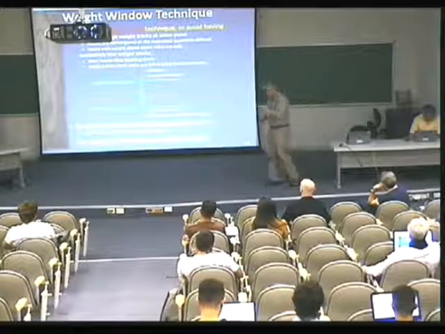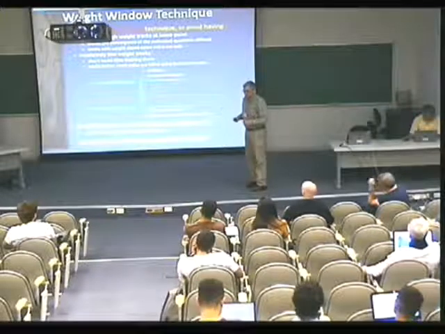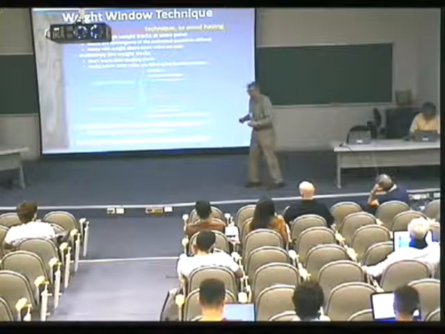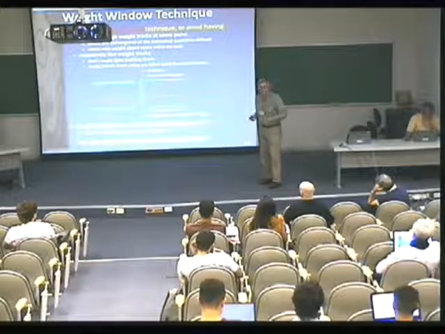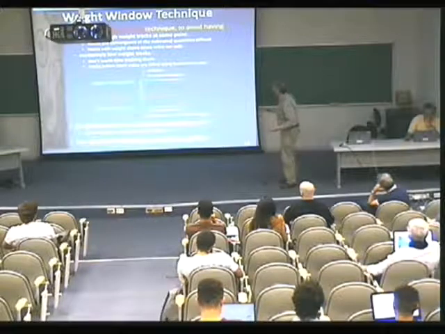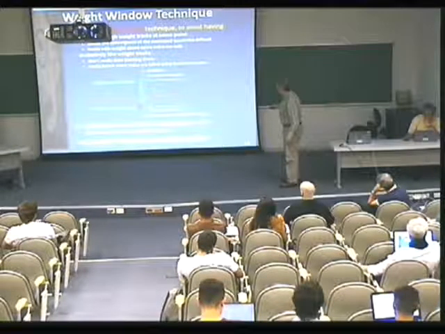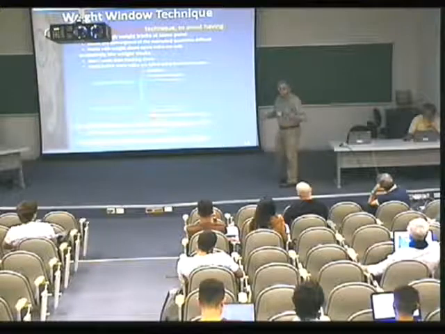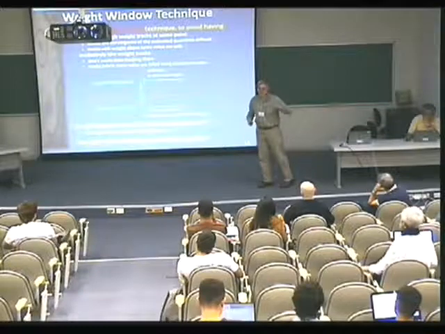Also, if you have particles going backwards, they can lose significance, and you can have particles with very small weights. And if the particle has a small weight, why bother tracking it? It just costs time. So what you can do is something called a weight window. You can say if the weight gets too low, use the Russian roulette to kill it. So some fraction of the time you just remove this particle.